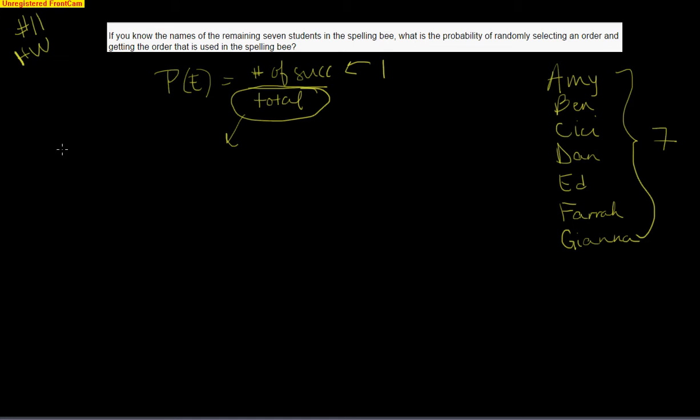So let's make these 7 lines. 1, 2, 3, 4, 5, 6, 7. Well, let's think about this. How many different choices do I have for choosing this first person? Well, if we look at it, I have 7 possible choices. Now, let's say hypothetically I choose Ben or something like that.